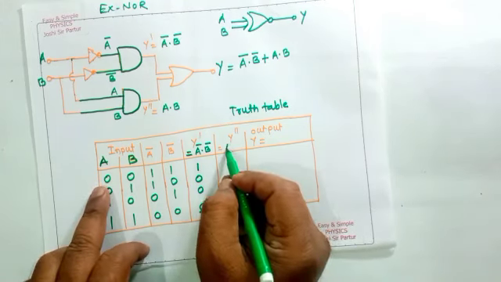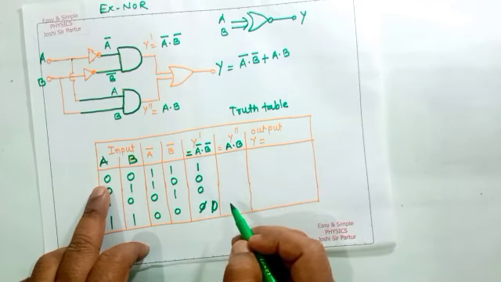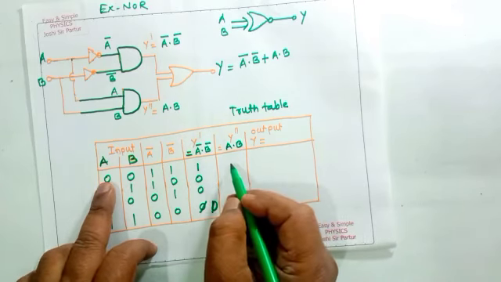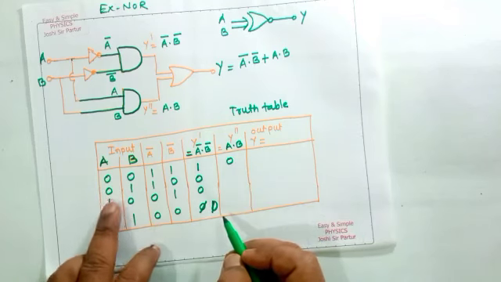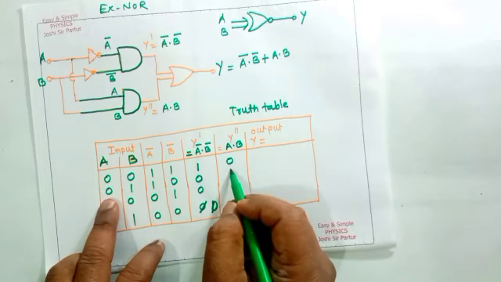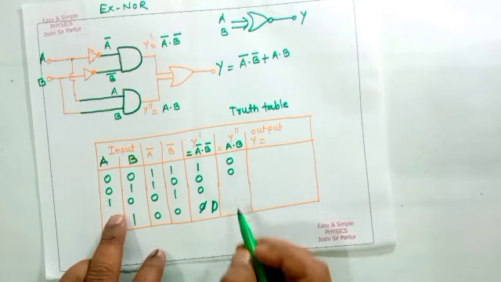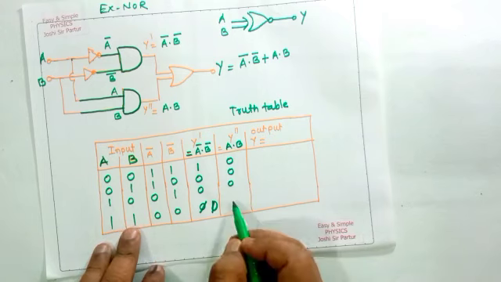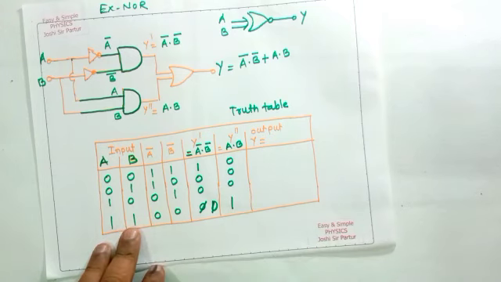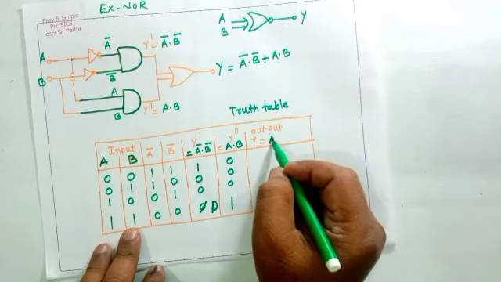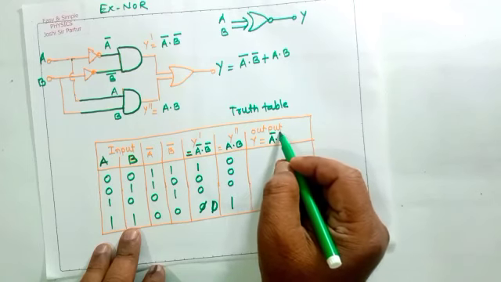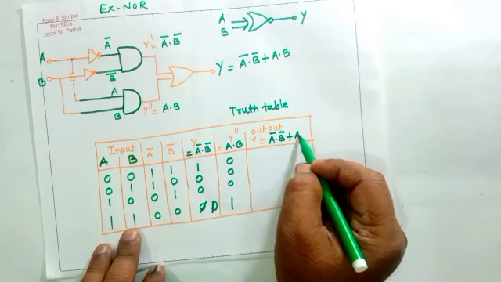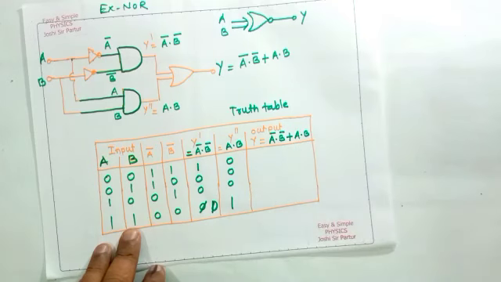Y double dash will be A and B. So when both inputs are low, output will be low. One input is low, one input is high, output is low. One input is high, one input is low, output is low, and both inputs are high, output will be high. So output Y will be complement of A and complement of B or A and B.